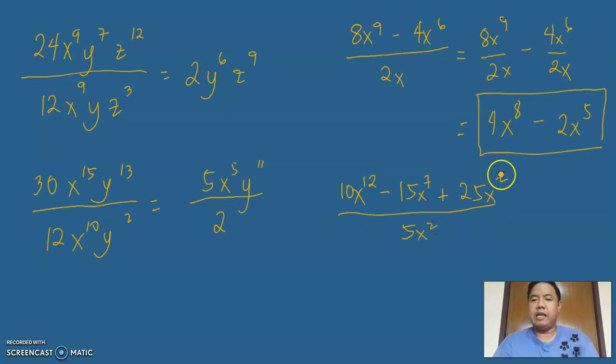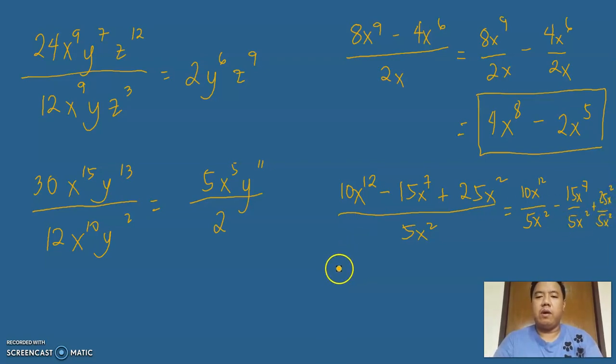So again, you can just separate these three by having 10x raised to 12 divided by 5x raised to 2, minus 15x raised to 7 divided by 5x squared, plus 25x squared divided by 5x squared.